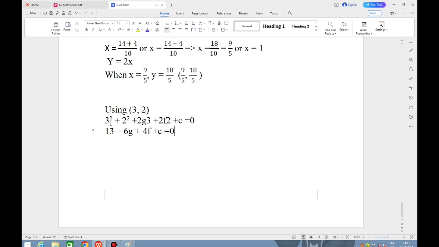To send the constant to the right hand side, that's going to be 6g plus 4f plus c is equal to minus 13.